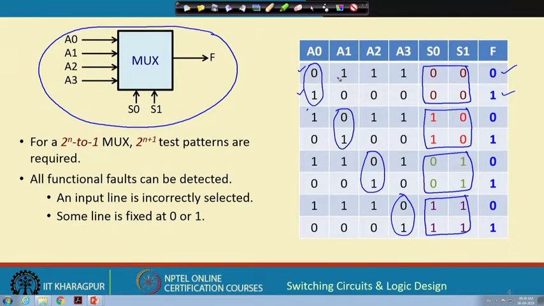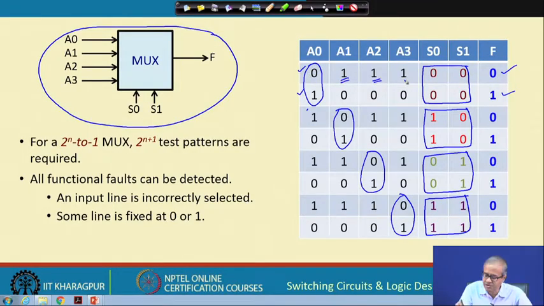We know how a multiplexer works. If S1 S0 is 0 0, A0 is supposed to be selected. But because of a fault at the functional level, maybe instead of A0, some other input is getting selected, maybe A1, maybe A2, maybe A3. Just to safeguard against that, when A0 is 0, we apply reverse values in A1, A2 or A3. So that if accidentally any other of them is getting selected, the output will not be 0, it will become 1 and it can be detected.